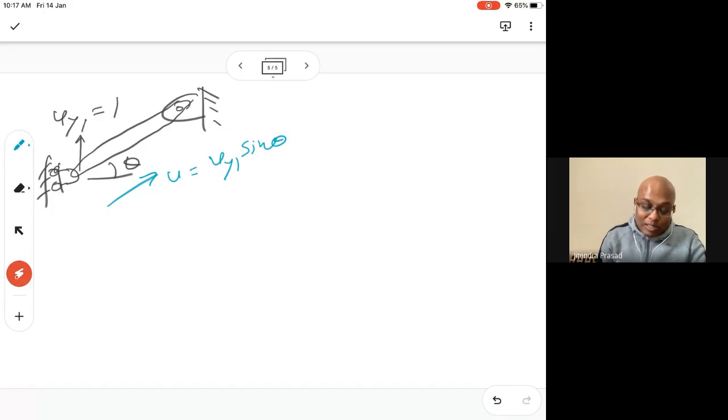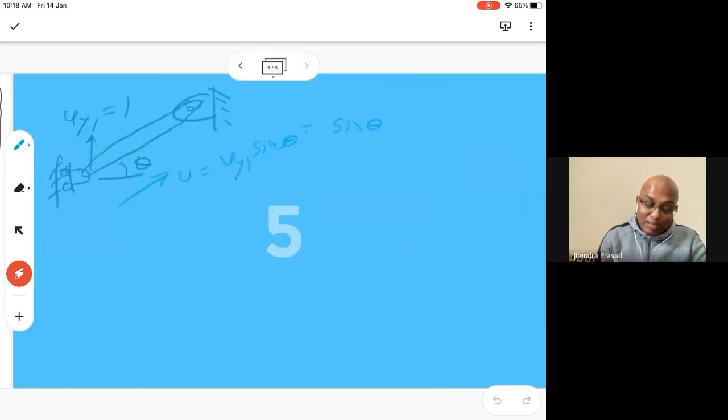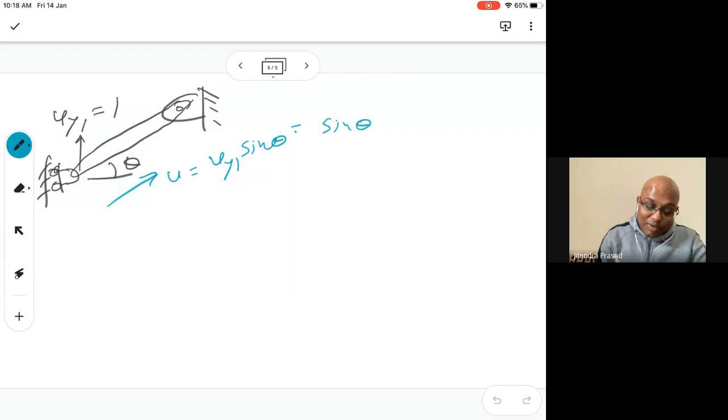Because this is theta, here will be 90 minus theta, so cos of 90 minus theta will be sine theta. So this is equal to sine theta simply. Again, some displacement for this bar. We assume the spring here, but we'll come back to that. So we can assume this to be a spring, no problem.